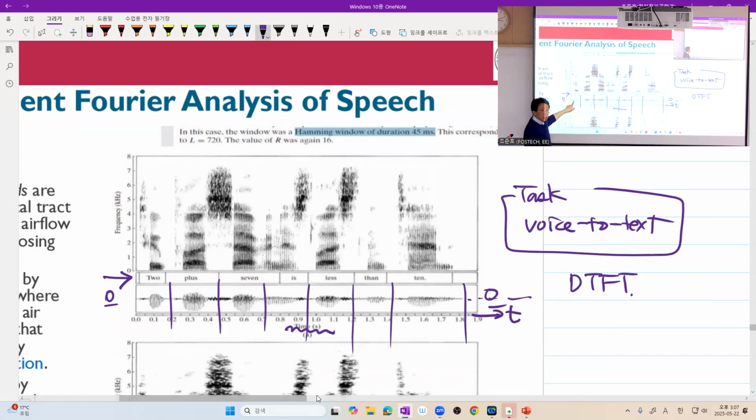Because if you compute the magnitude square of each sample, of course here you have some values, but probably here and there you have very small values. Even though the algorithms may not work very well, we know how people pronounce.